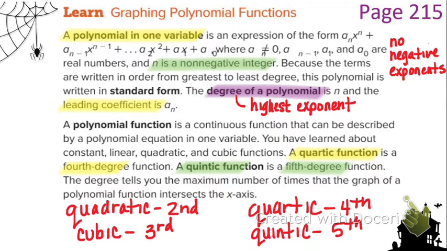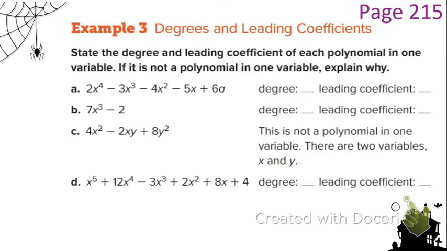So let's take a moment. We have 2 examples to do today. Let's first look at example 3. See if you can tell me, for this first one, what is your degree and what is the leading coefficient of this function here?